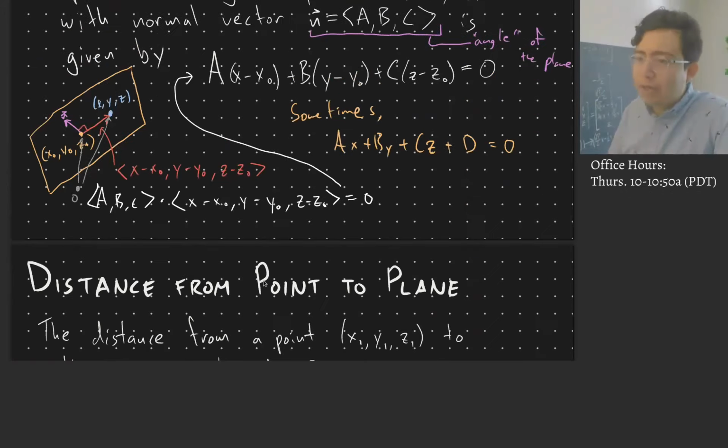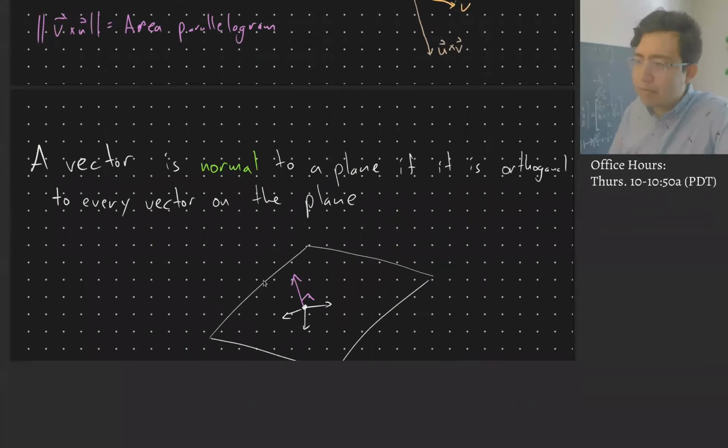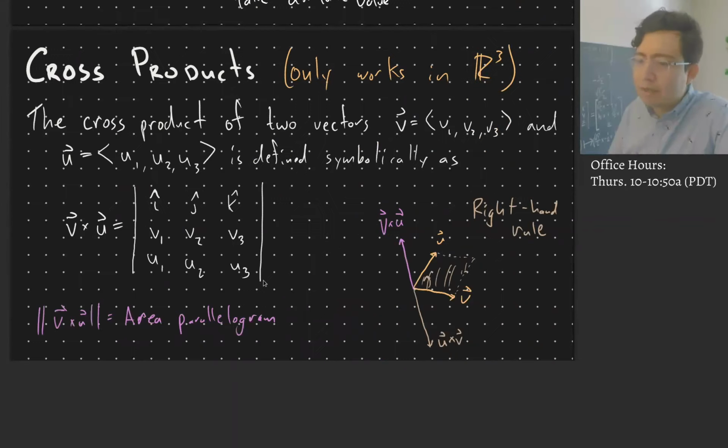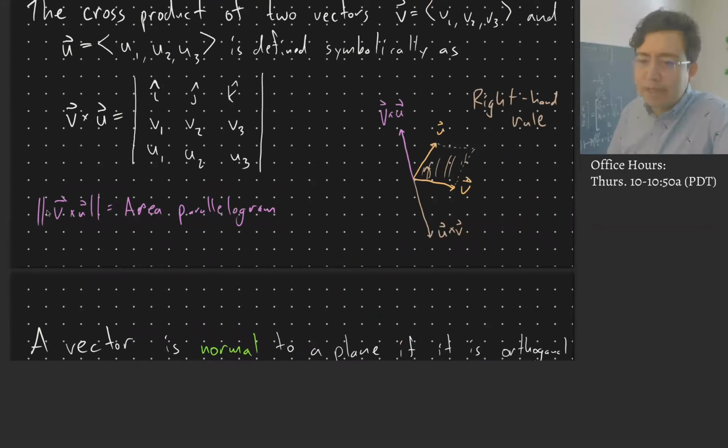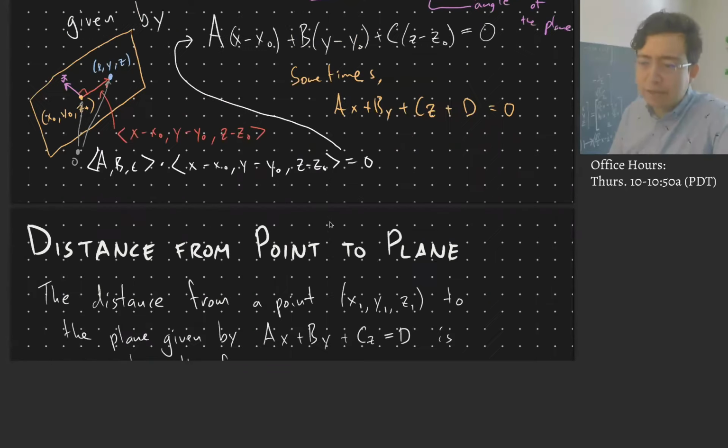The norm, on the other hand, let's see, where does it come up? I'm sure it's in the slides here somewhere. Here, right? This V cross U is going to be a vector in three-dimensional space, and we want to get the length of that vector. So this norm here is the length of the vector.